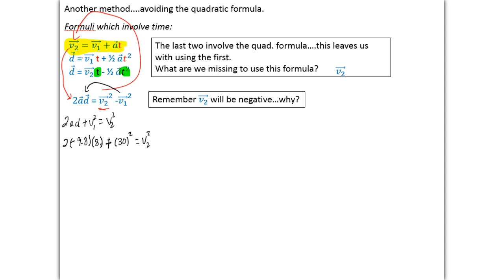Now if you work out this multiplication, 2 times negative 9.8 times 8, 2 times 9.8 times 8, that's 156.8, and it's negative.